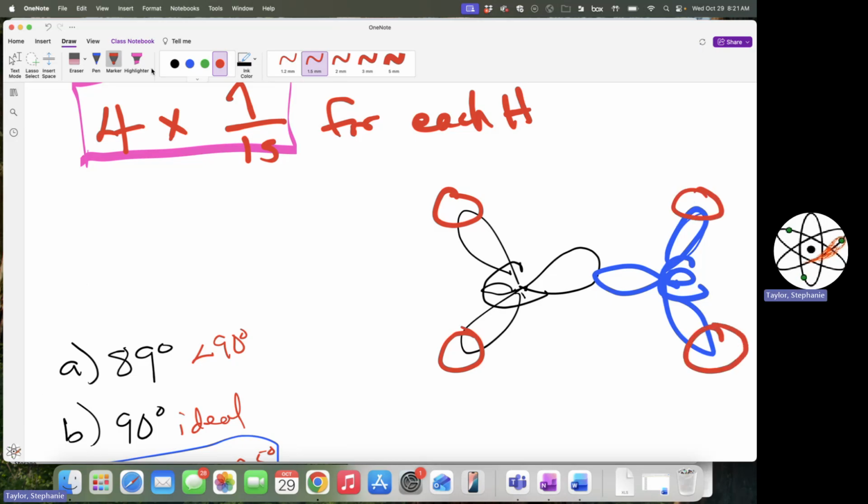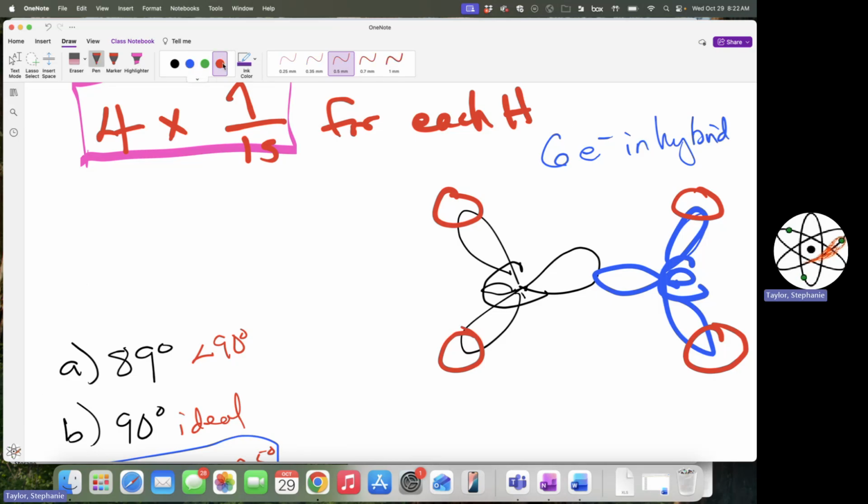So my sigma bonds are being formed from these 3 black ones on this carbon and these 3 blue ones on the right-hand carbon. Those are my hybrid orbitals. And right now I currently have 6 electrons in hybrid orbitals from looking at my sigma and pi bonding.